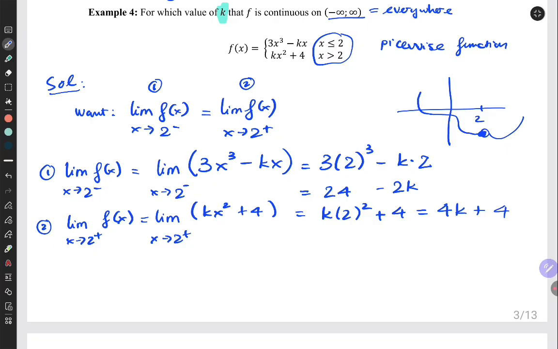And remember, in the beginning I said I want number 1 equal to number 2. Number 1 gives me this, number 2 gives me this. To be continuous at 2, I want this equal to this.